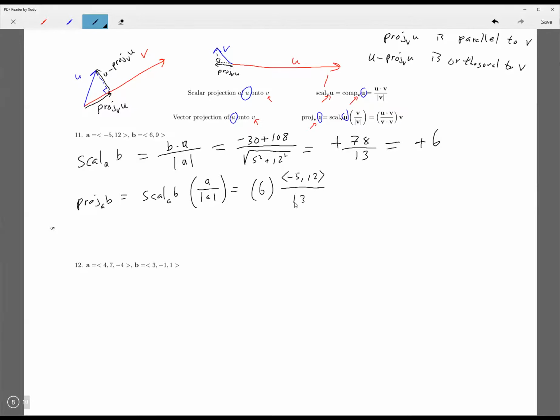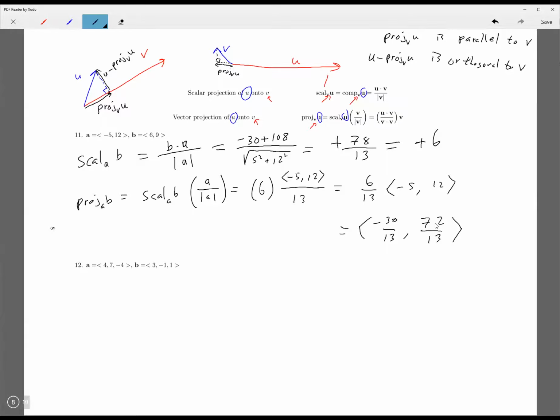And we already know the length of A is 13. So it's basically 6 over 13 times -5, 12. And you can distribute the 6 over 13 in, so you get -30 over 13 and 72 over 13.